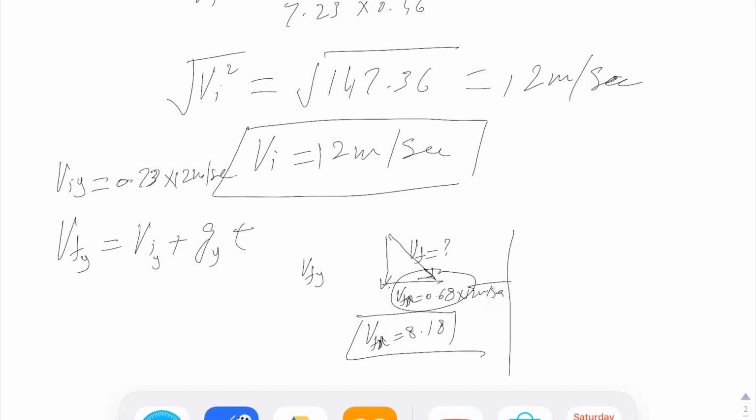So that will be 8.18, and the value of the acceleration due to gravity is negative 9.8.